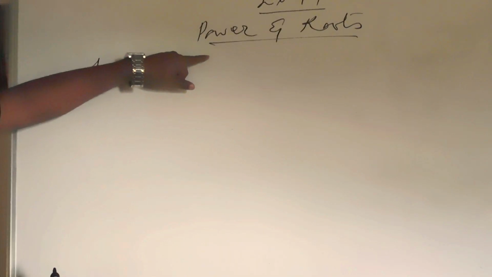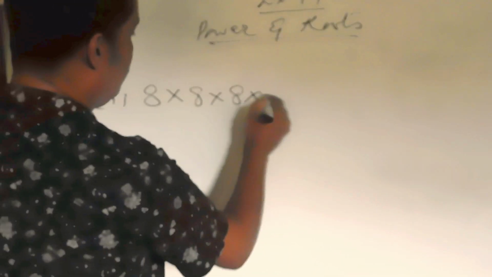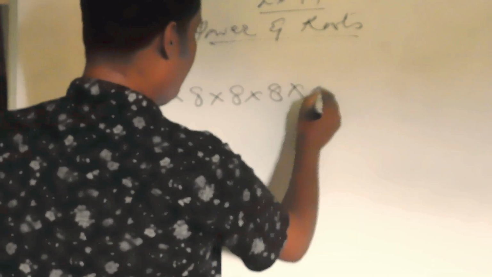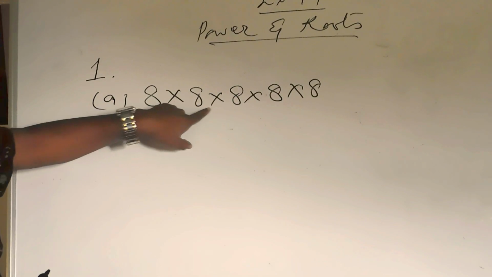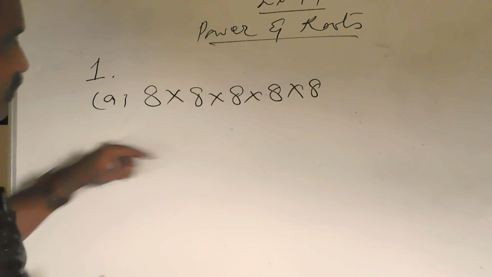First one is, write the exponential form of the following product. That is 8 into 8 into 8 into 8 into 8 into 8. Here, children, 8 is multiplied how many times? 8 is multiplied 6 times.